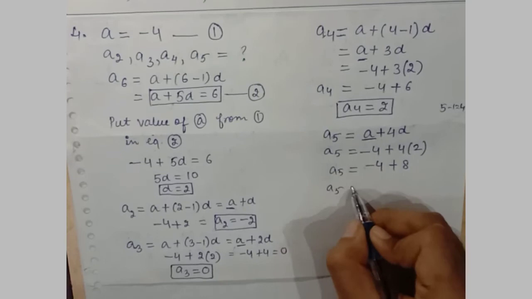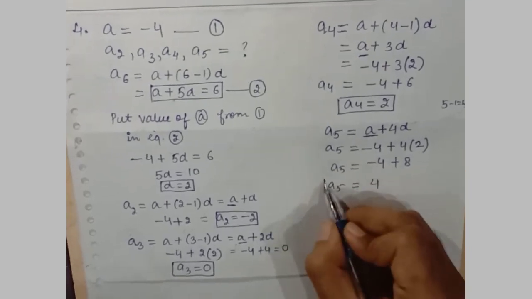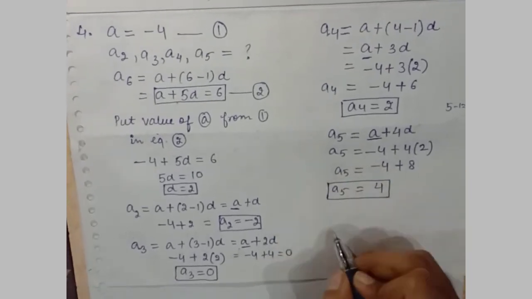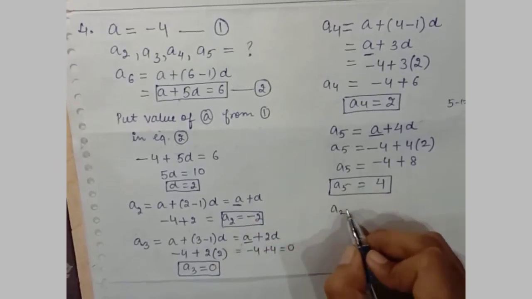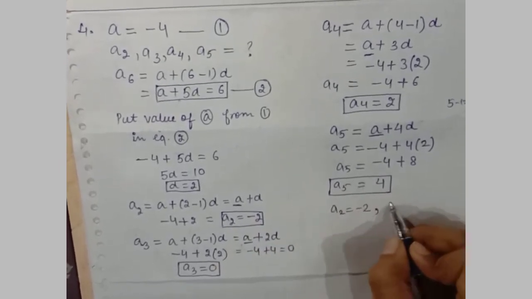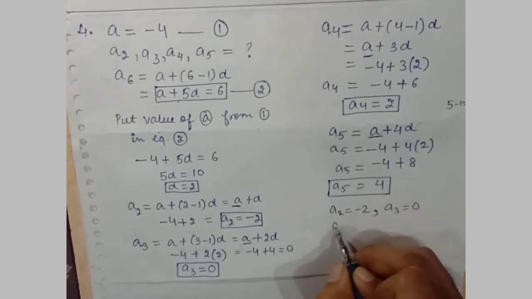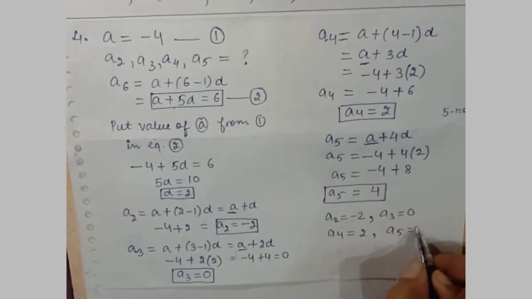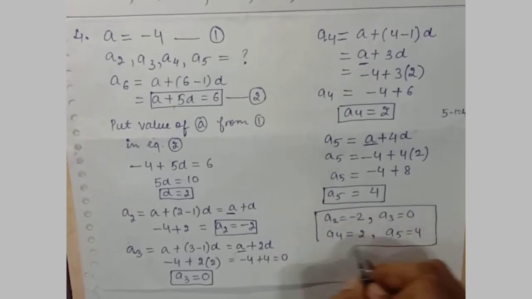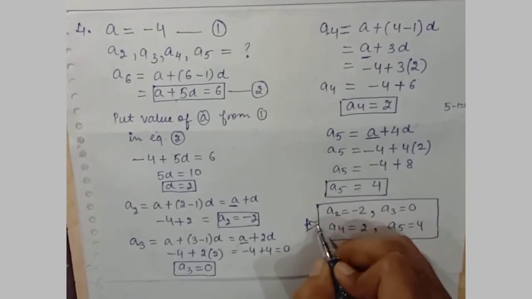Our fifth term is 4. Now the second term is minus 2, third term is 0, fourth term is 2 and fifth term is 4. This is our answer.